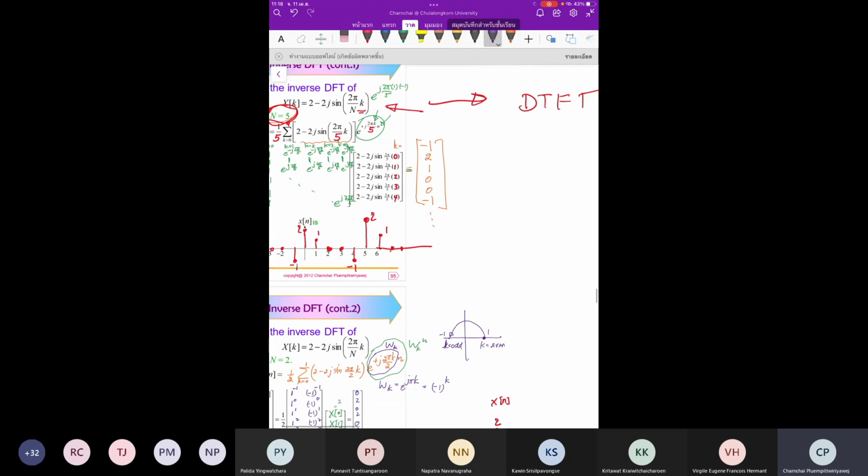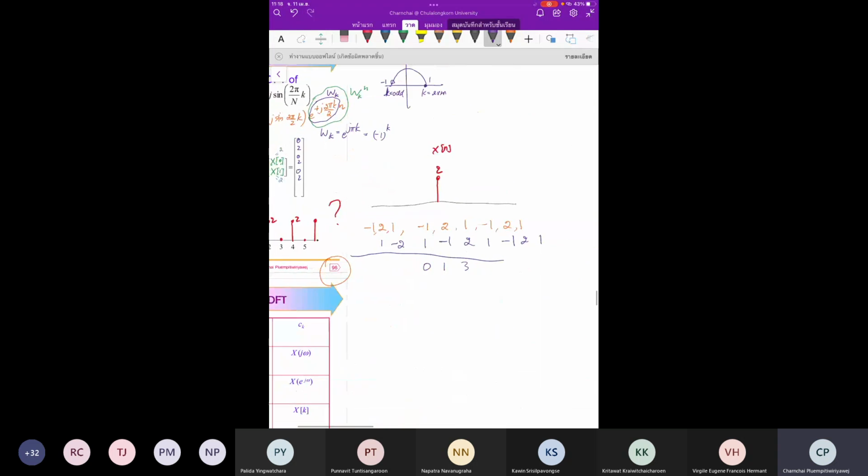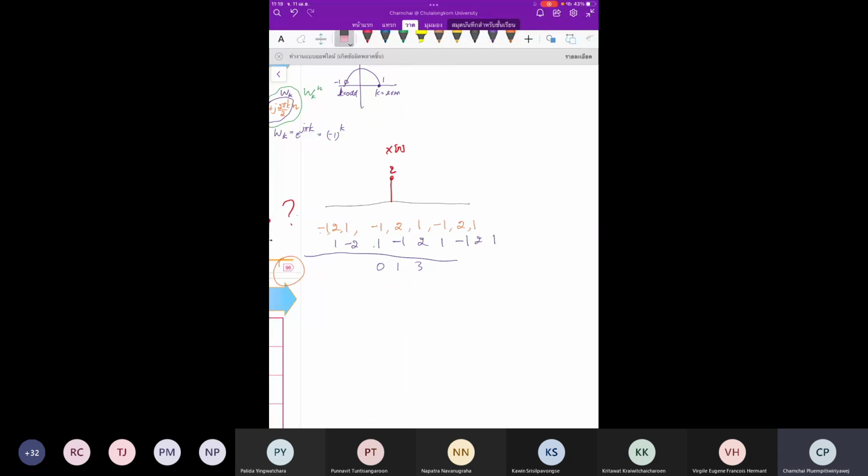Oh, I see. It looks like this, right? I'm sorry, this is wrong. It's more like overlap. We call it circular overlapping, I think.